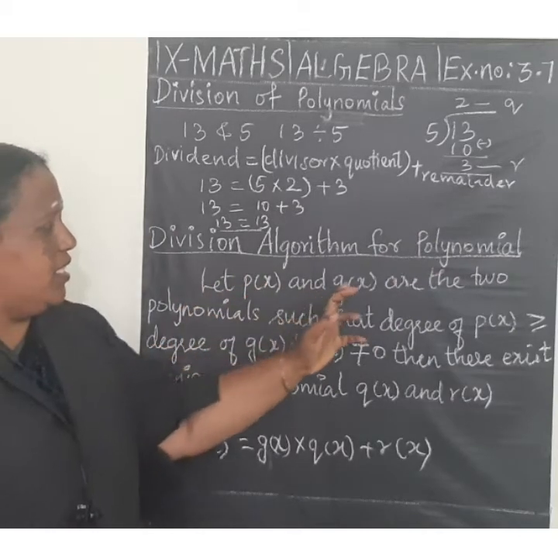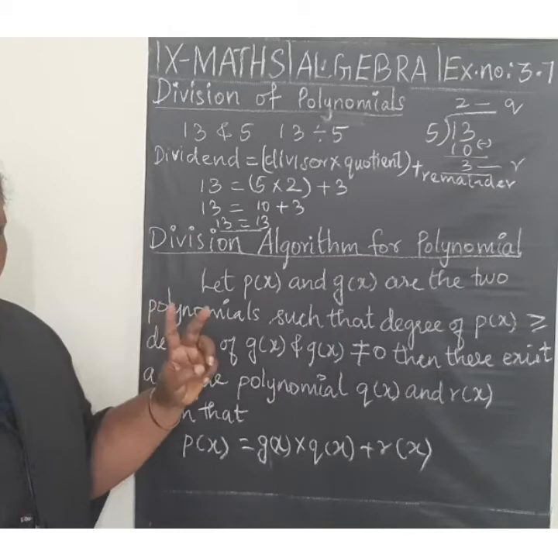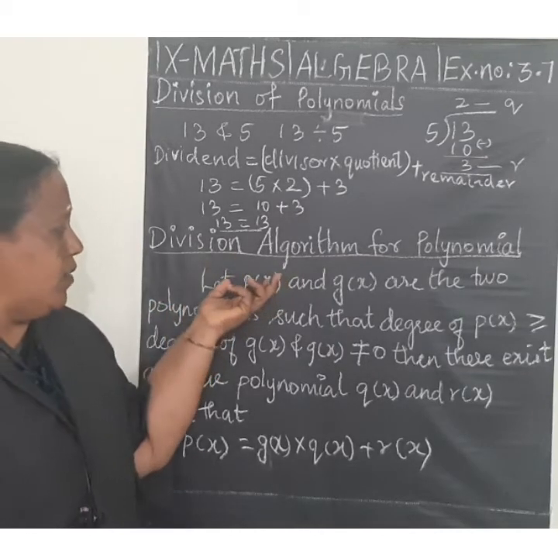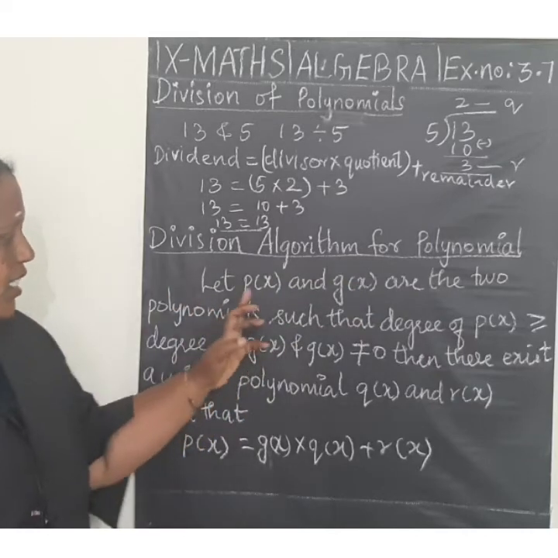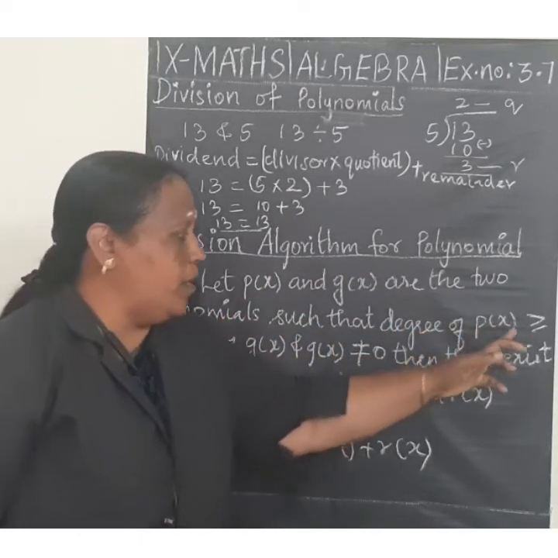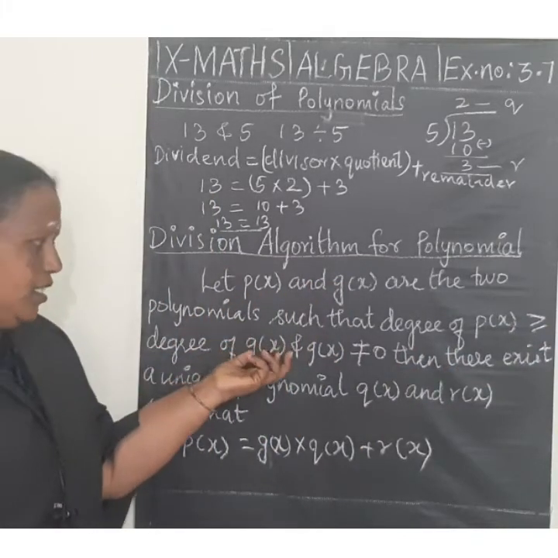Let p of x and g of x be two polynomials. The first one we are naming p of x, and the second one g of x, such that the degree of p of x is greater than or equal to the degree of g of x.